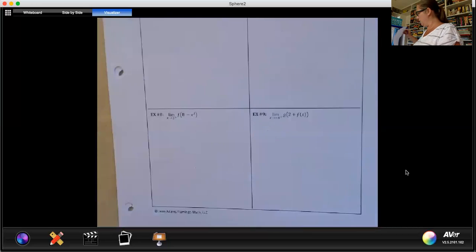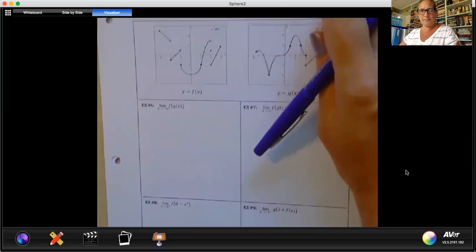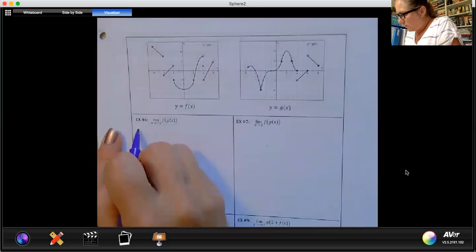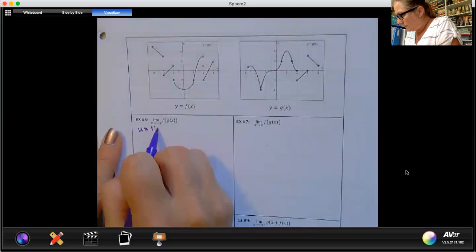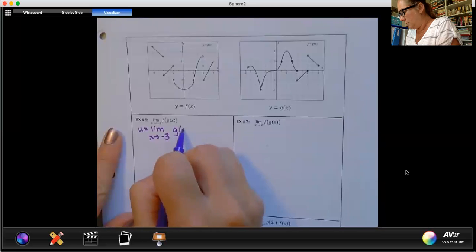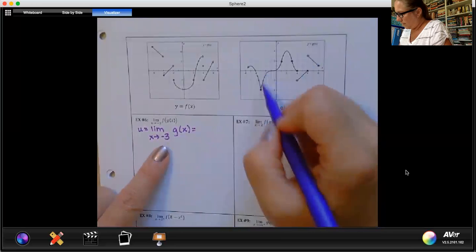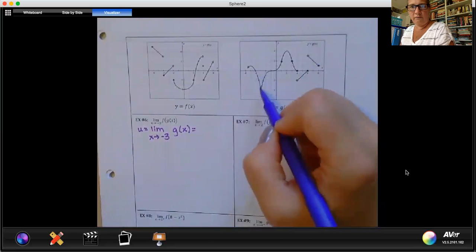All right, a couple more problems here on the last page, examples 6 through 9. Problem number 6, u will equal the limit as x approaches -3 of that interior function g of x. -3 would be -4 from above.